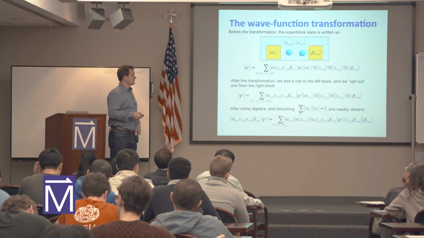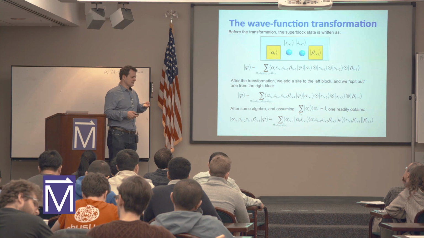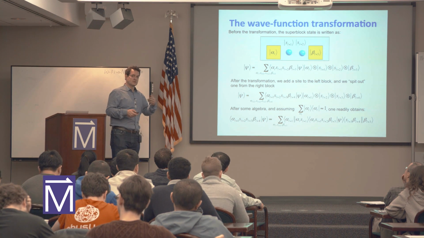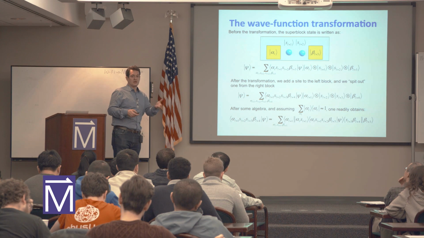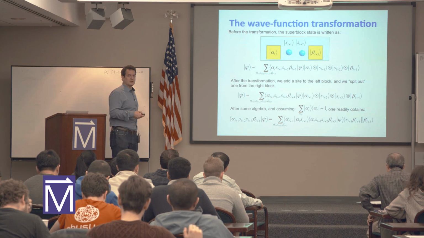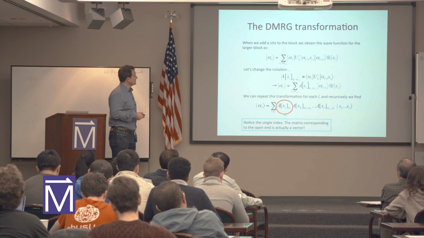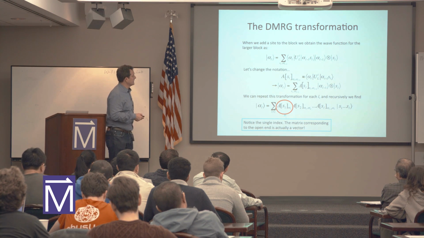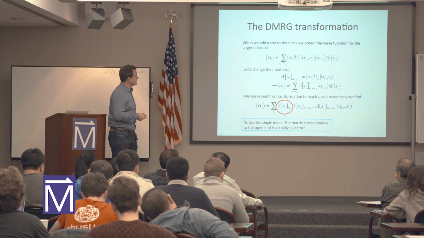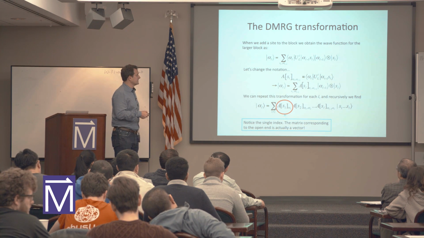And this is important because when we do time evolution, we need to propagate the wave function in time. We need to transform the wave function as we do sweeps.